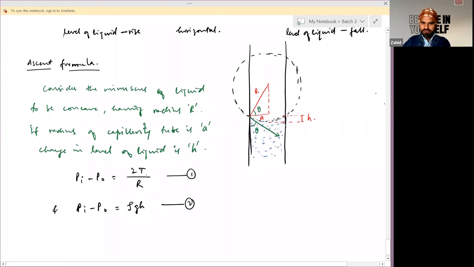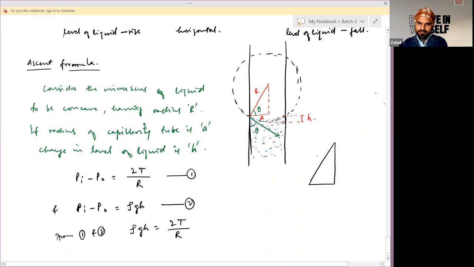So from equation first and equation second, as the pressure difference for both these two equations is same, we can write rho GH equals 2T by capital R. Now for this triangle, this is R, A, angle theta.